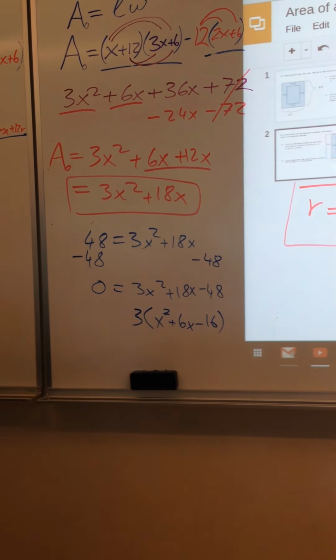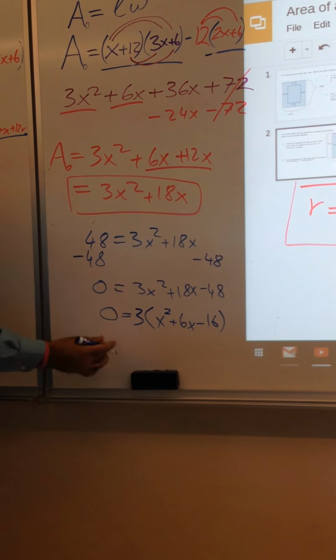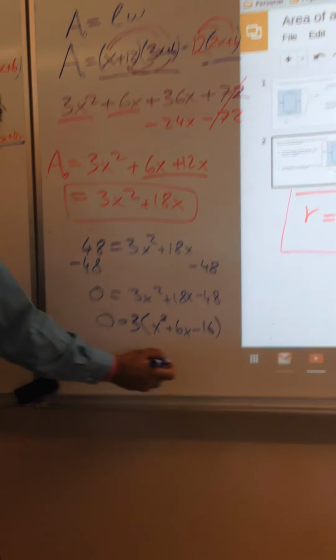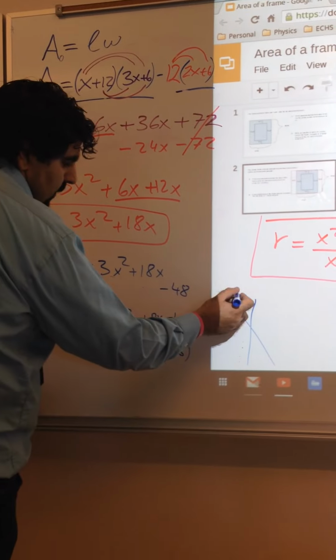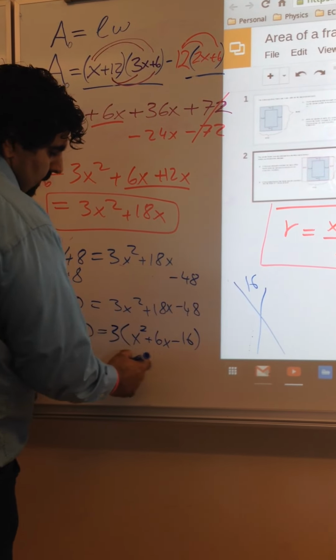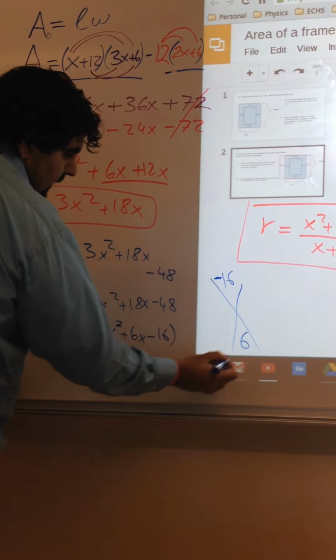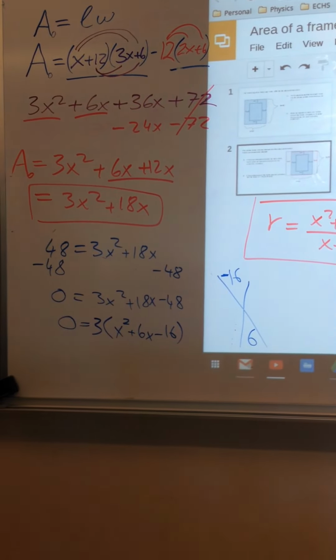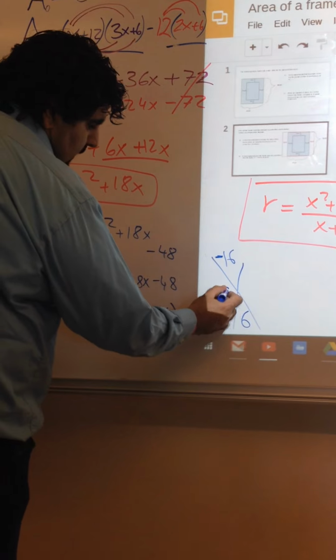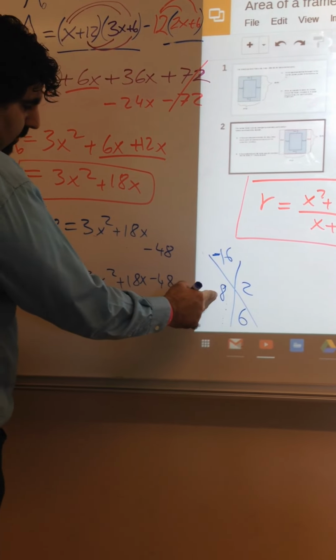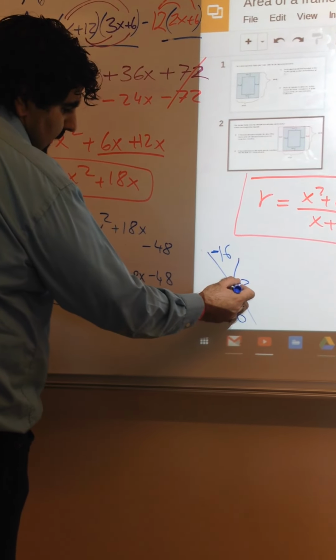So at this point, you want to see if it's factorable. You want to know if there are two numbers that multiply to give us negative 16, but when you add them, you get 6. So the two numbers that I can think of are 8 and 2. And in order for them to add up to equal 6, 2 would have to be negative.